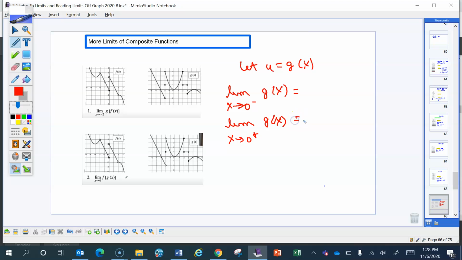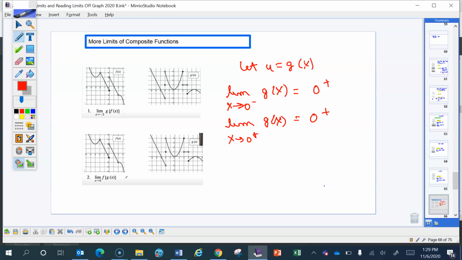When I approach 0 from the negative side on function g, that is approaching 0 from the positive side. And when I'm approaching 0 from the right, it's also approaching 0 from the positive side. So therefore, when I do the limit of the outside function, it's going to be the limit as not x, but it's going to have to be u. Sorry about that.